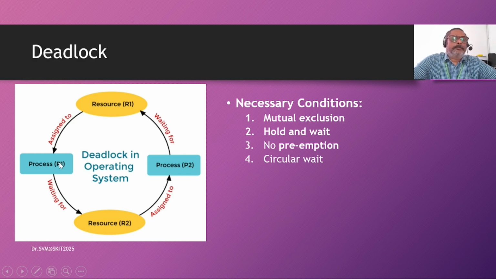What is happening? P1 has R1 and is waiting for R2, P2 has R2 and is waiting for R1, and if you look at it, we find a circle, so there is a circular wait. R2 is not available because it is with P2. R2 cannot be released because P2 is waiting for R1.